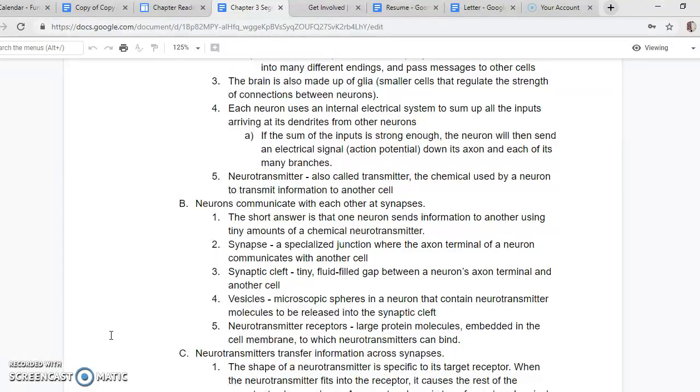This is where the messages are sent across. It is sent over the synaptic cleft. Vesicles are microscopic spheres in a neuron that contain neurotransmitter molecules to be released into the synaptic cleft.